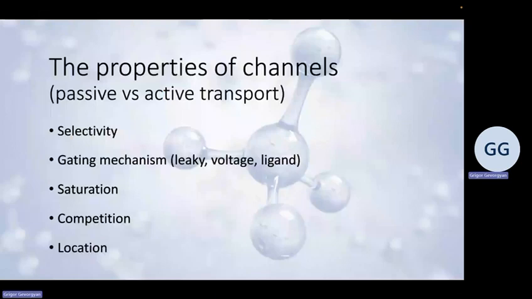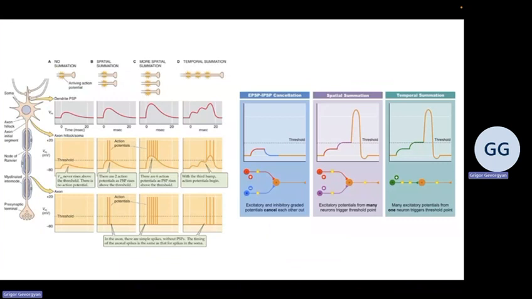Let me go into this diagram. You see, here you have the example of a non-threshold potential, a so-called graded potential. And you see, the graded potentials can be summed to reach the threshold. I hope this makes sense.